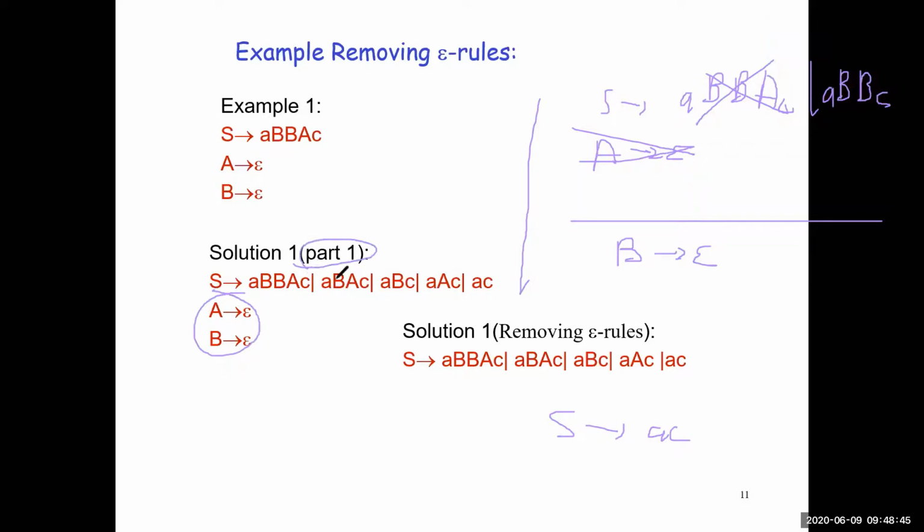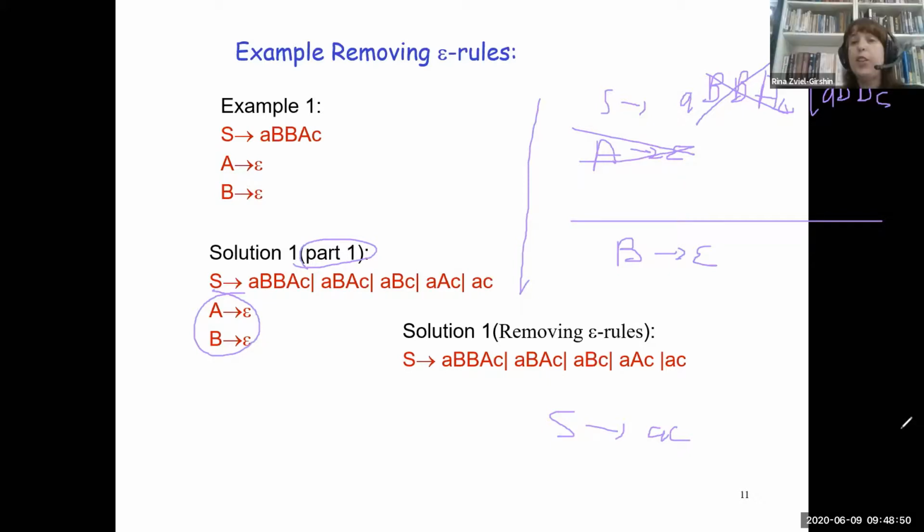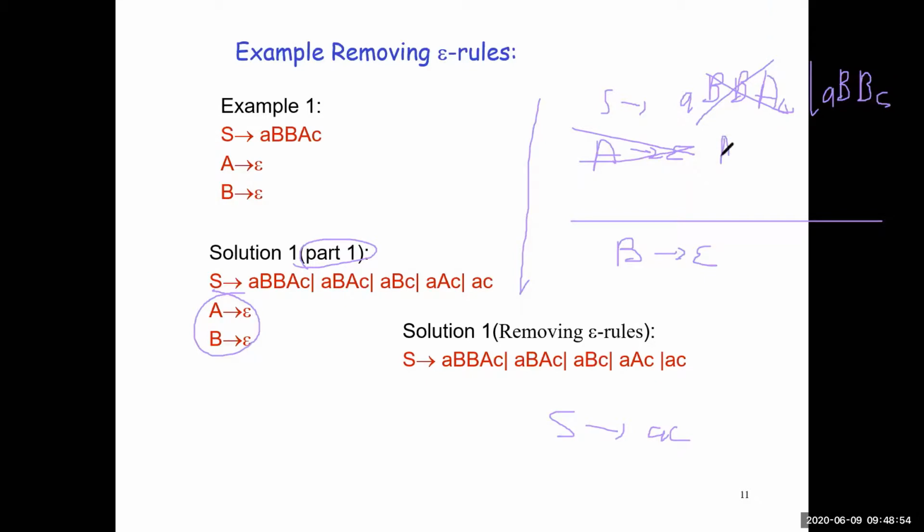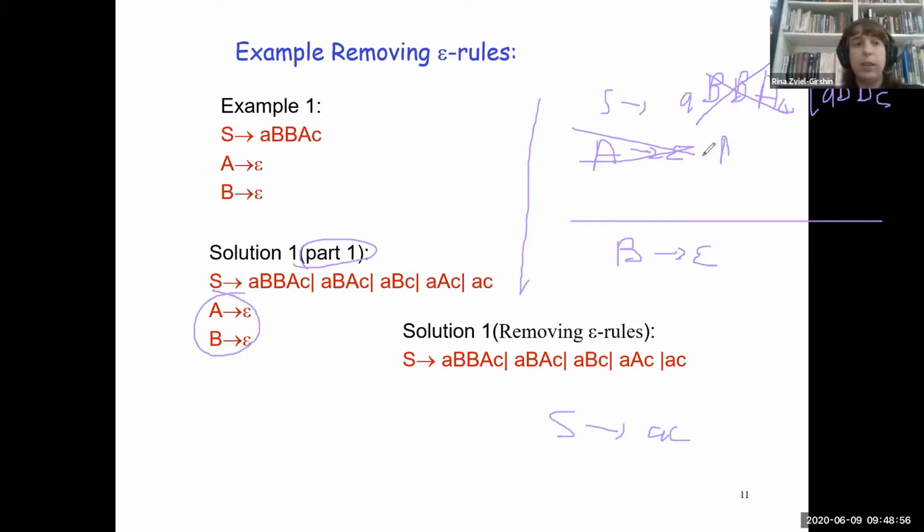So if I delete A, you can delete all the right-hand sides that have A. Wait, if A derives epsilon is the only option, and we deleted the A derives epsilon rule, we also deleted A from the language. So all the rules with variable A on the right-hand side can be eliminated.